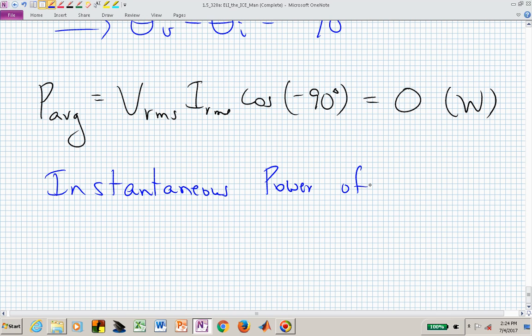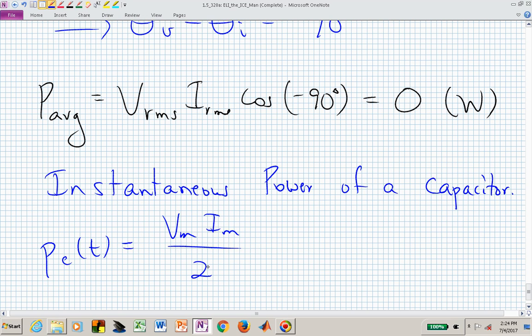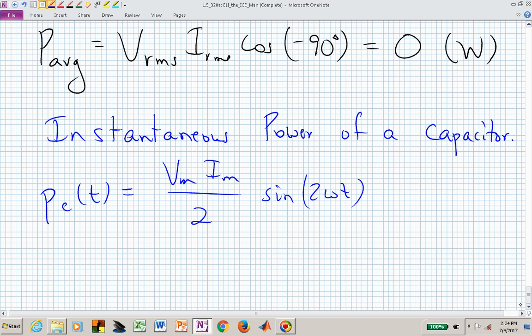of a capacitor is also going to be oscillating. And if we would go through and replace theta sub V minus theta sub I with minus 90, we would see that we end up with an oscillating P sub C of t.